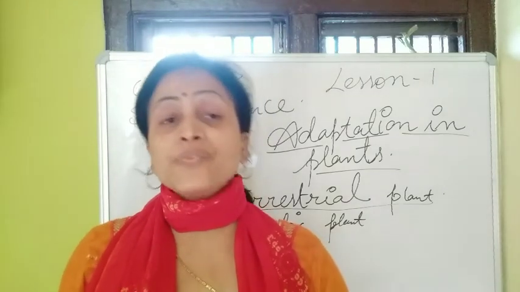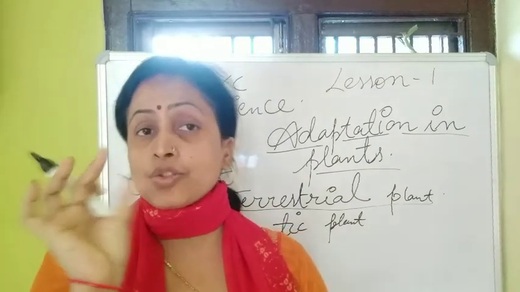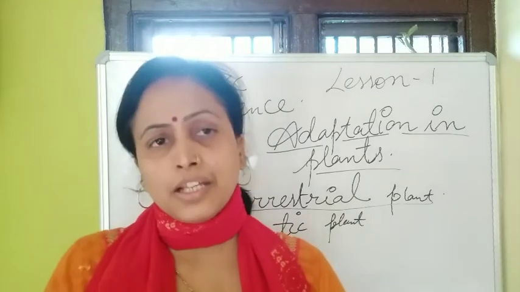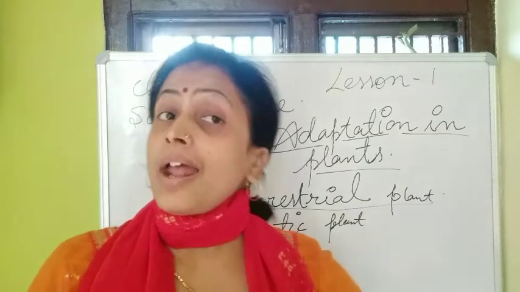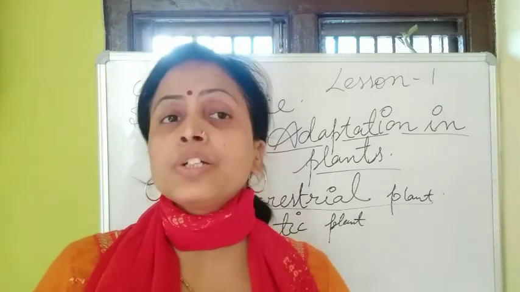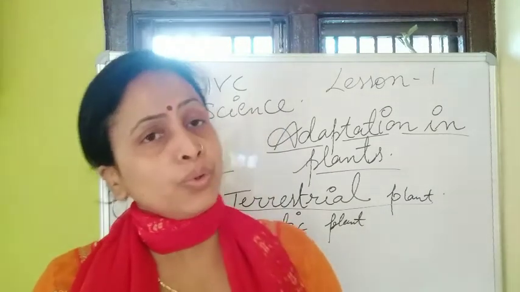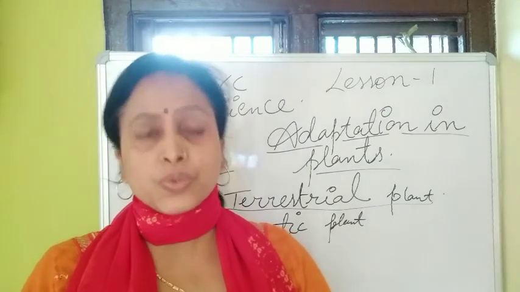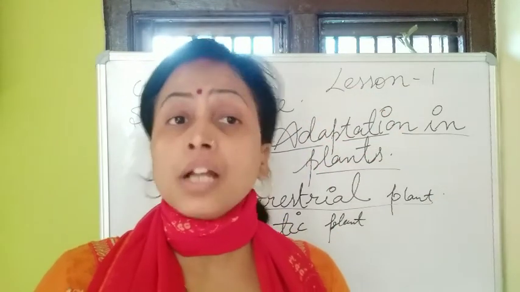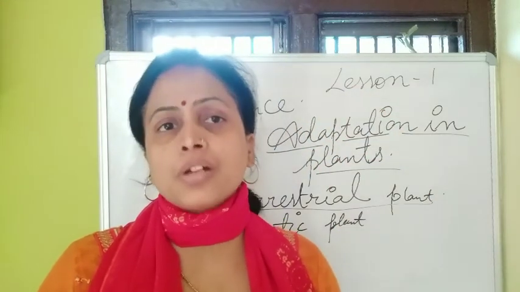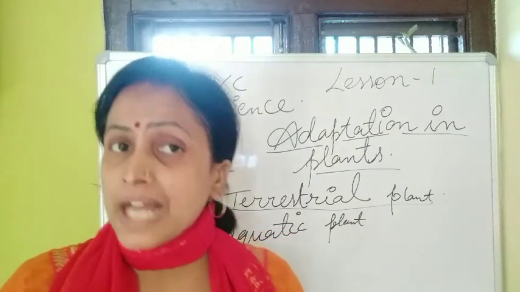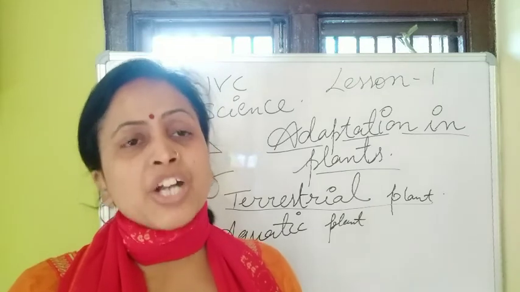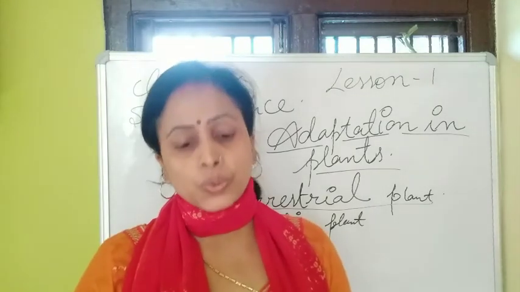It is very difficult for the roots to breathe, and those parts of the root which can come out on the surface of the water are called breathing or aerial roots. And the example of this marshy area is mangrove.